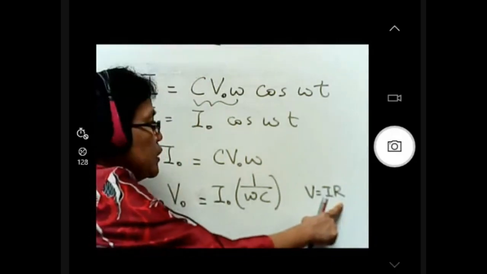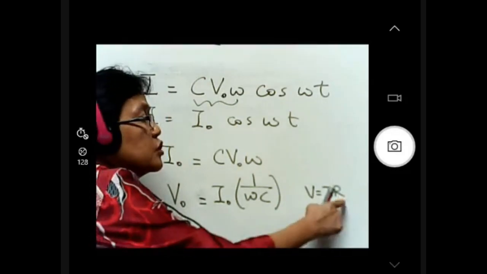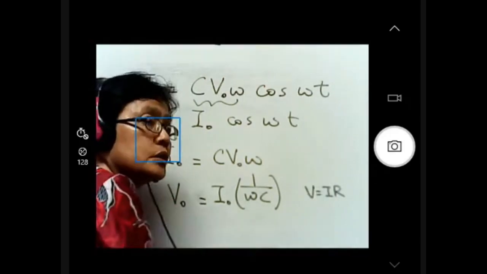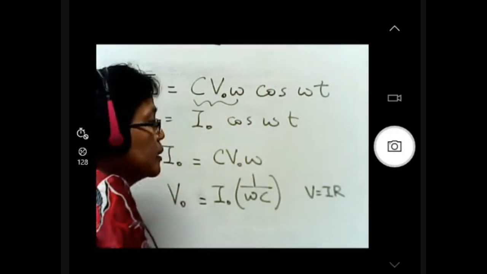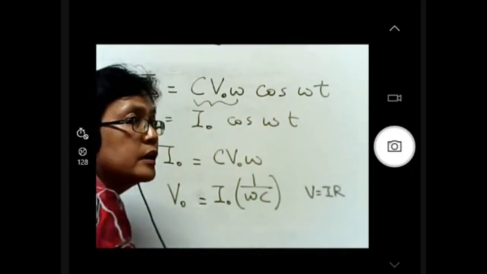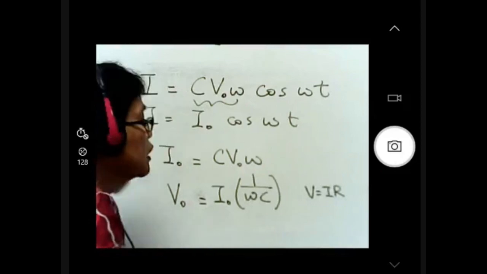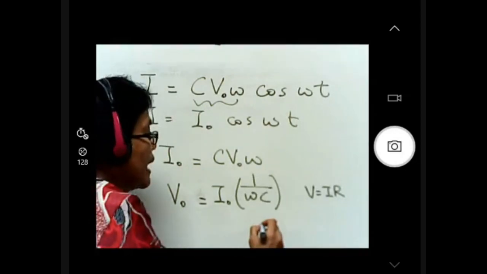But since here we are using a capacitor, it's not suitable to use the resistance. So the resistance or the opposition to alternating current due to a capacitor, we call it reactance.